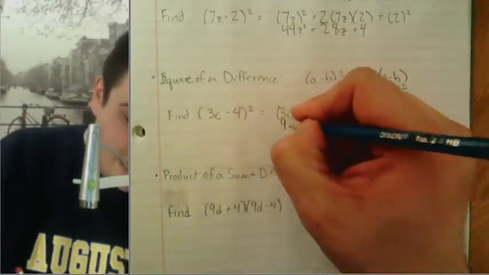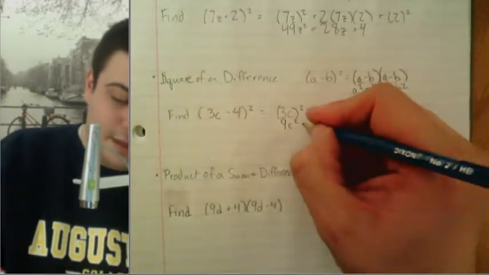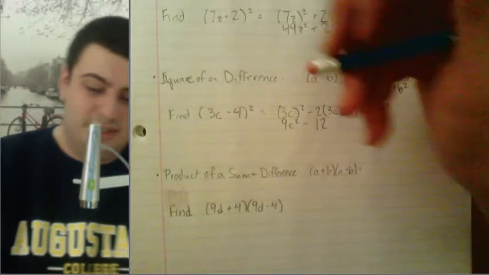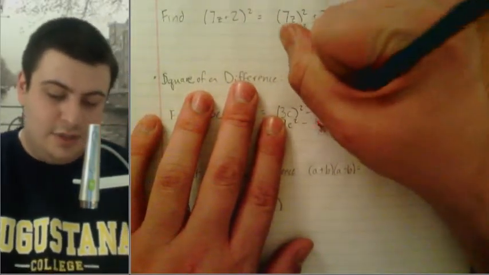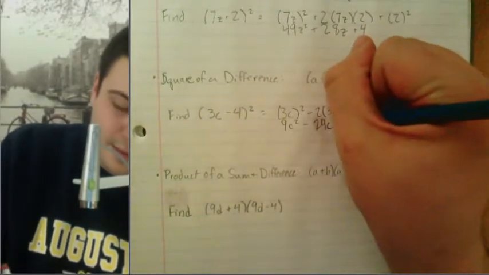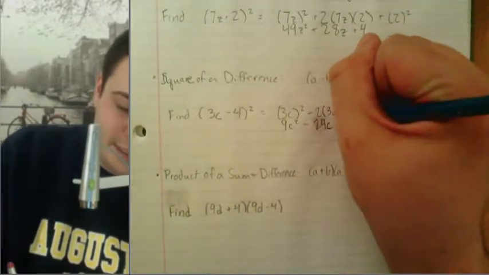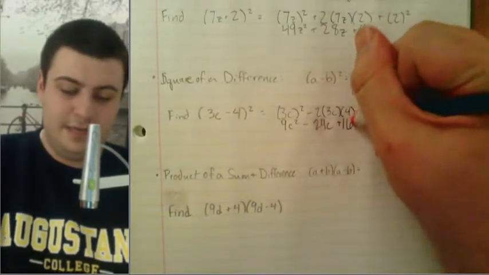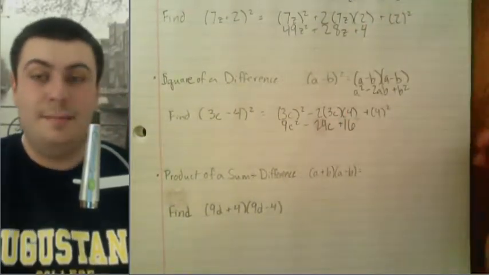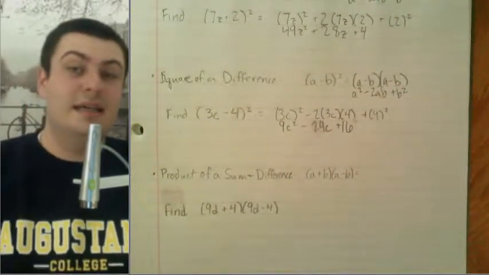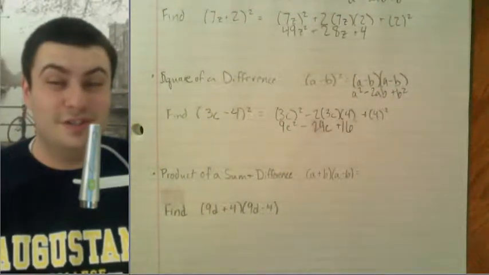So I'd have 9c squared minus 12, not 12, sorry, minus 24c plus, that was a plus, 16. So we have 9c squared minus 24c plus 16. That's our square of a difference, or a perfect square that's a difference.